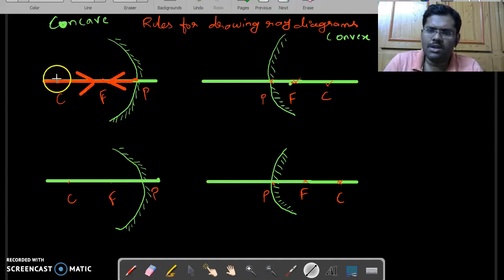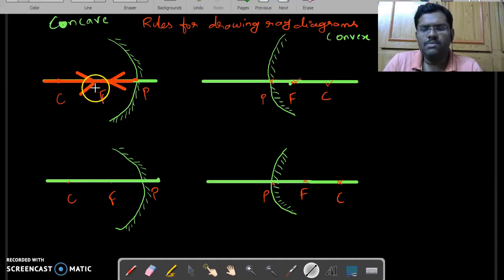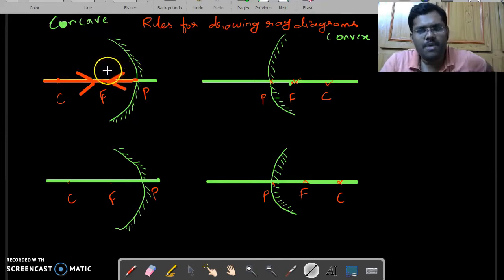As we know, the line from the center of curvature to the pole is taken as a radius, so it becomes the radius of curvature, and also it becomes a normal. From the center of curvature to the pole, it is also part of a curved surface, so it becomes a normal, and the line passing through the normal reflects back over here.